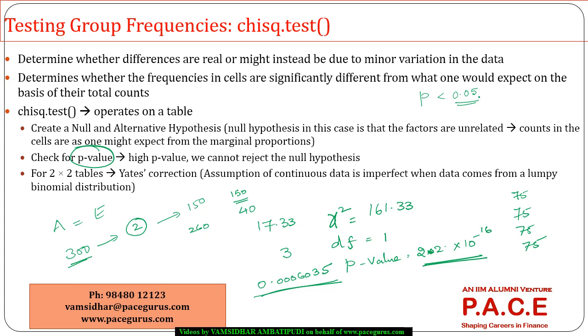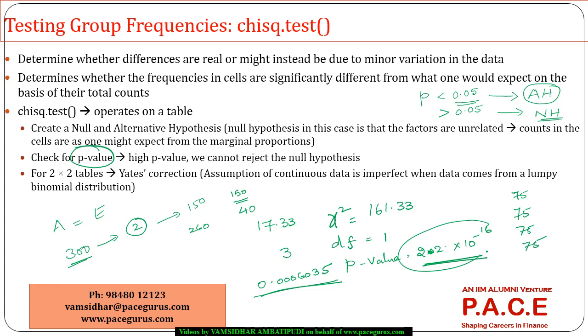In general, we set it at a 5% significance level. If the p-value is less than 5%, my decision will go in favor of the alternate hypothesis. If it is greater than 5%, then I cannot go with the alternate hypothesis. I will have to go with the null hypothesis only.